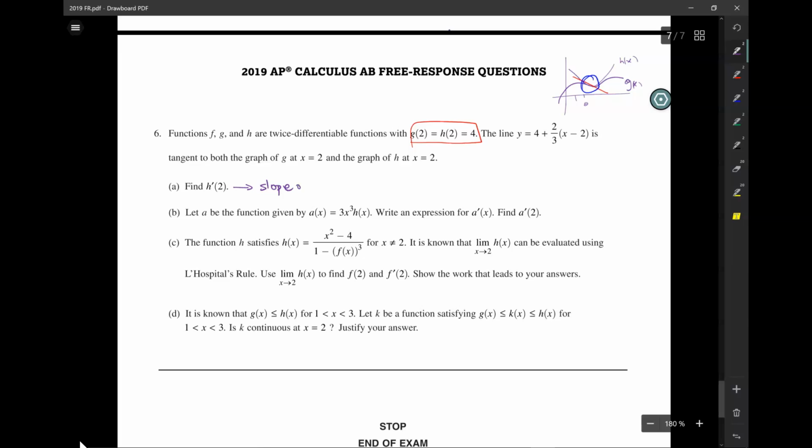So this is slope of the tangent line at x equals 2, okay? But whatever, the slope of the tangent line, when you're given it in linear form, it's the same slope anyway. So all you have to do is look at that equation and get the slope. So m is 2 over 3, meaning you don't have to write m is 2 over 3. So basically all you have to do is say h prime of 2 is 2 over 3.